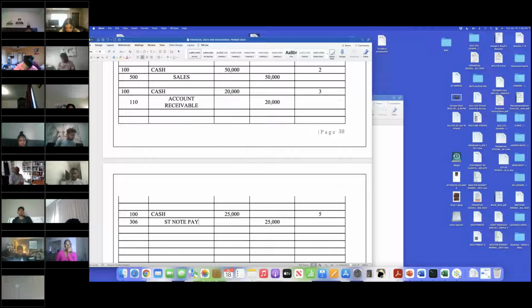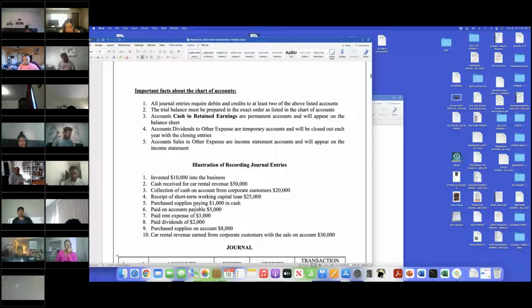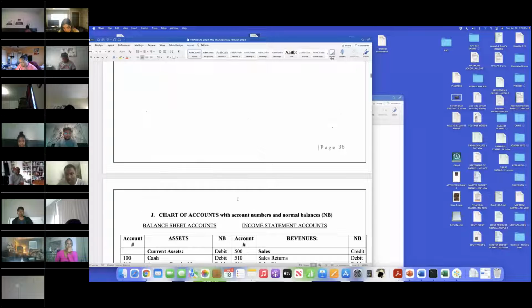Well, let's pay something. What do we pay? We purchase supplies paying 1,000 in cash. So now, because we're paying cash out, we know we've got to be somewhere in there.